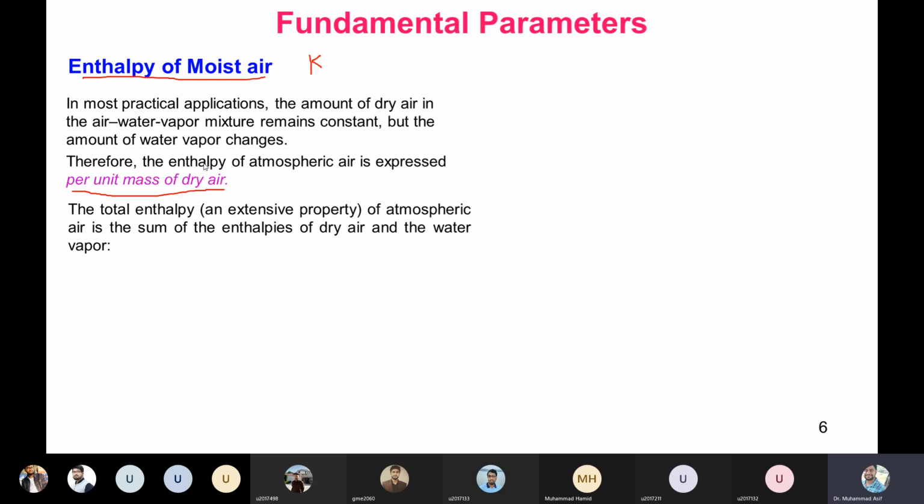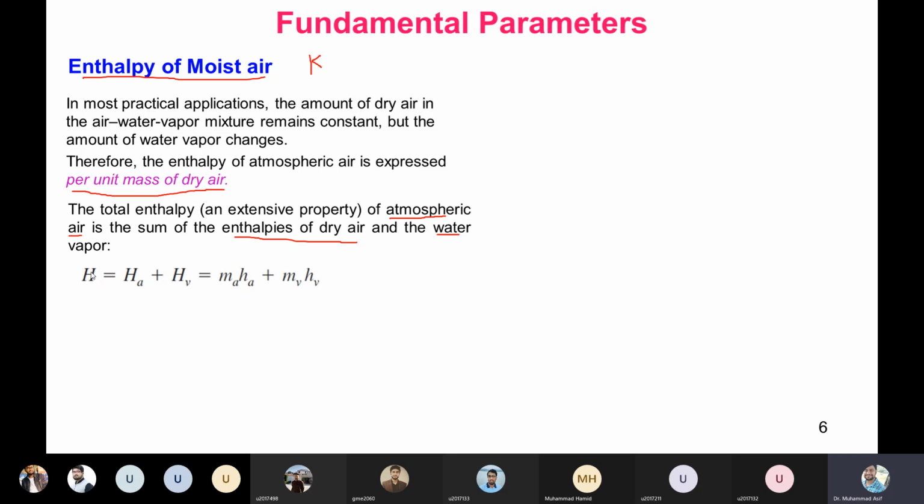Let's say the total enthalpy of the atmospheric air, which is also called the moist air, is the sum of the enthalpy of the dry air and water vapors. Mathematically, the enthalpy of the moist air is the sum of the enthalpy of the dry air plus the enthalpy of the water vapor.